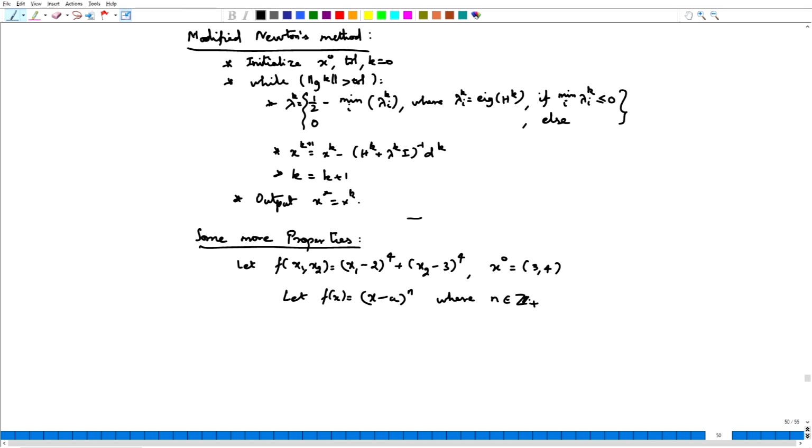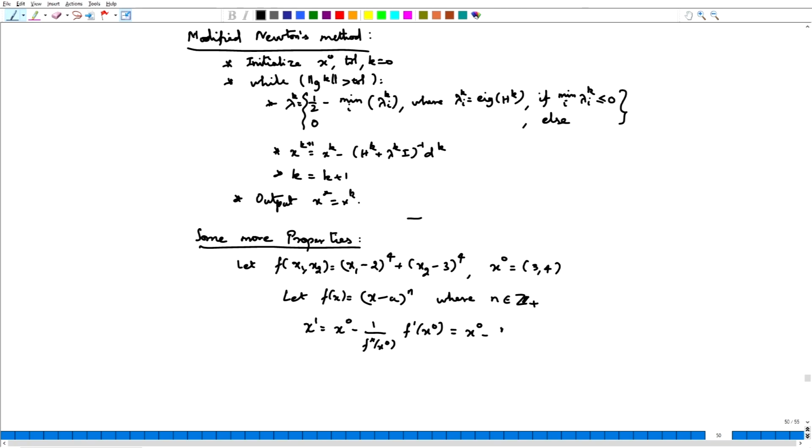Okay. So, if you look at Newton's method, let us say you start at some x naught. So, you will have x 1 equals x 0 minus, okay, h inverse, which is 1 by f double dash of x naught, into grad of x, that is f dash of x naught, right. So, we can compute both of these very easily.